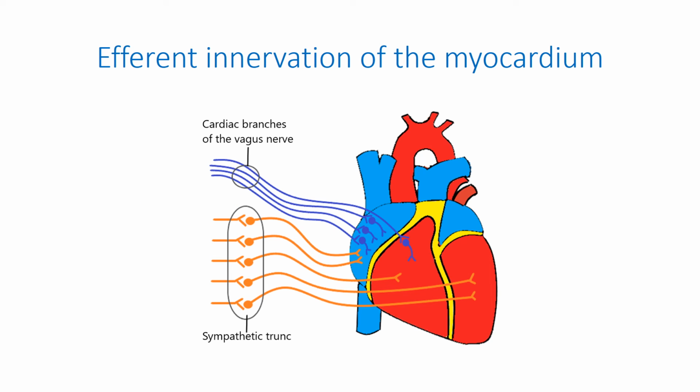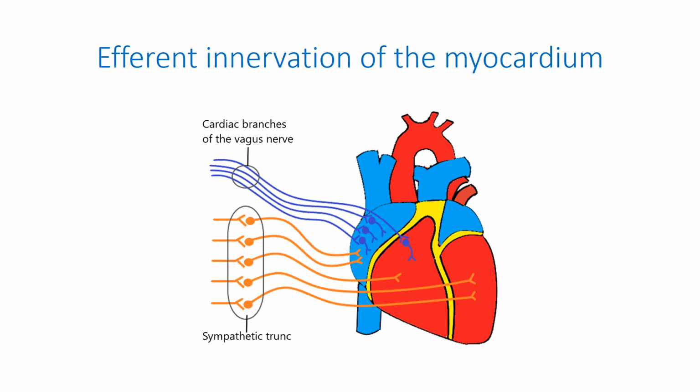Vagus nerves provide the parasympathetic innervation of the atria with some sparse ventricular innervation. The preganglionic fibers branching from the right and left vagus nerves reach the heart. They enter the cardiac plexus by synapsing with postganglionic neurons in the ganglia within this plexus.